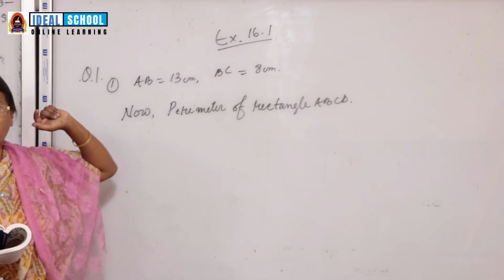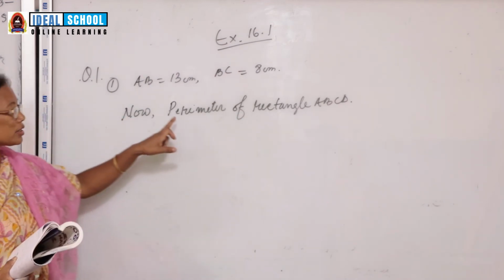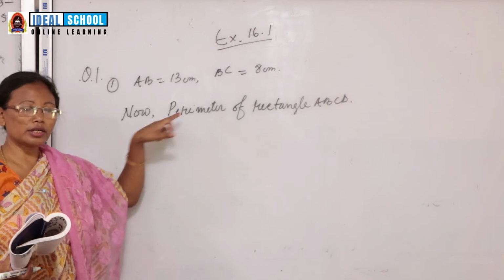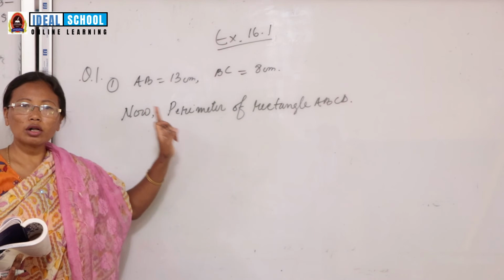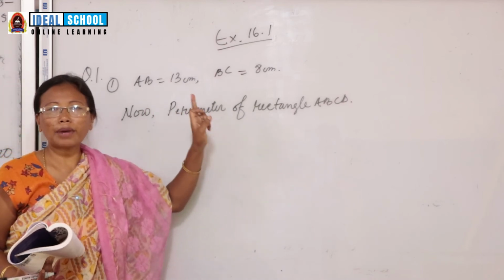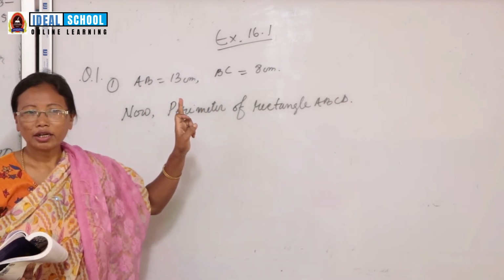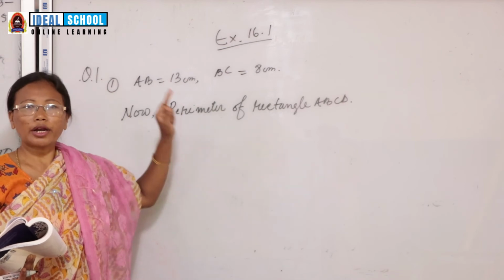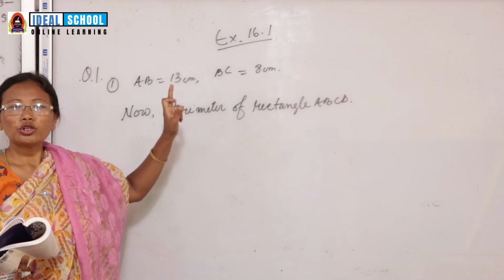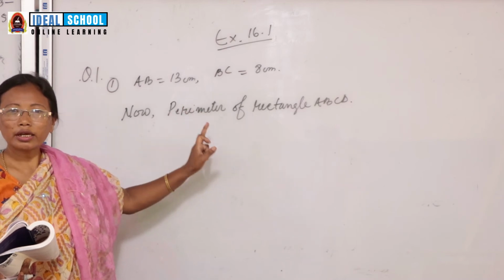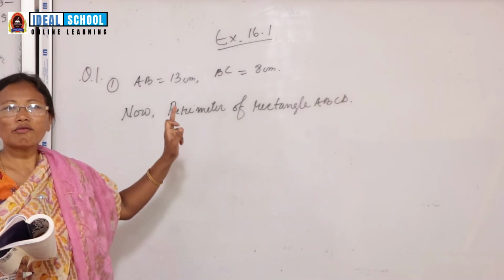I have already written it. Perimeter of the rectangle is equal to 2 holding length plus breadth. You have to follow me. Perimeter of rectangle is equal to 2 holding length plus breadth.